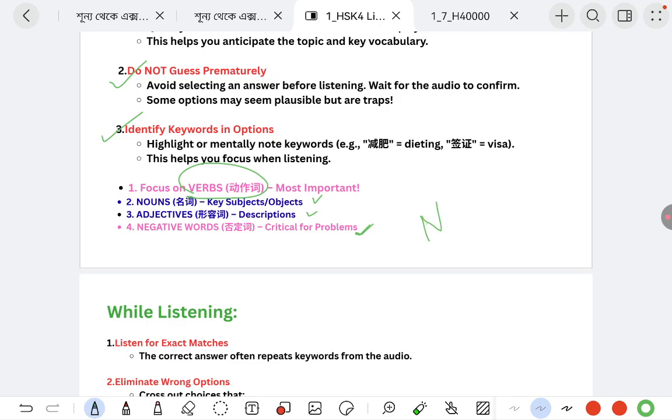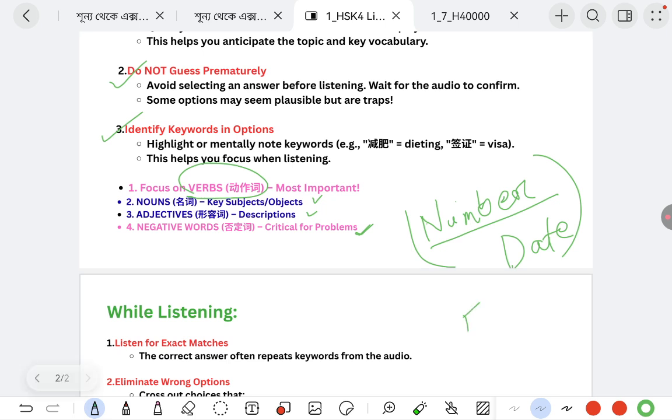Number is also an important keyword, because when you hear a number or date, they will not give you exactly the same thing. There will be one trap. For example, in the audio you hear one number, but in the option they write the same number in a different way. The same date, they write in a different way.